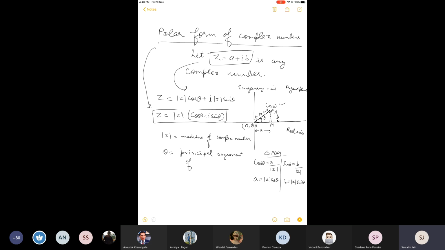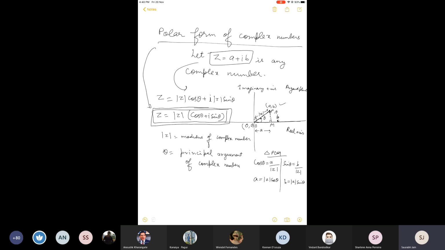And we already know how to calculate these two. So from the given complex number, you will have knowledge of a and b. With the help of a and b, you will find mod z and theta, and you will put those values of mod z and theta here, and that will be the polar form of complex number.